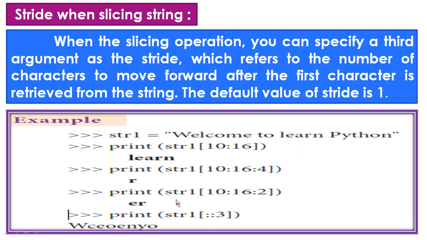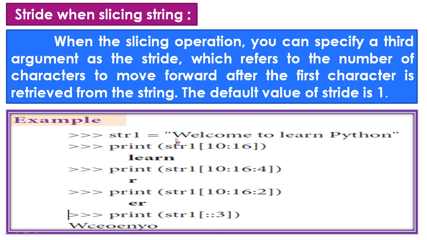In the last and final example, print str1 double colon 3. That means the starting value is not indicated and the end value is not indicated. So it takes the whole string, welcome to learn Python.